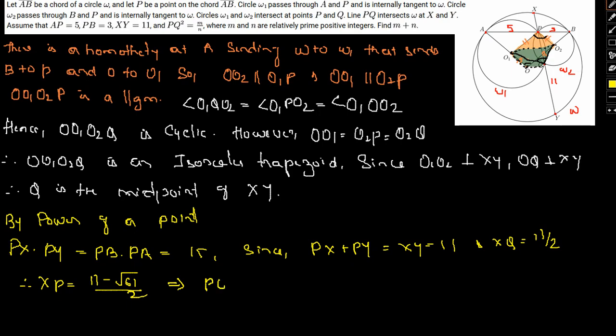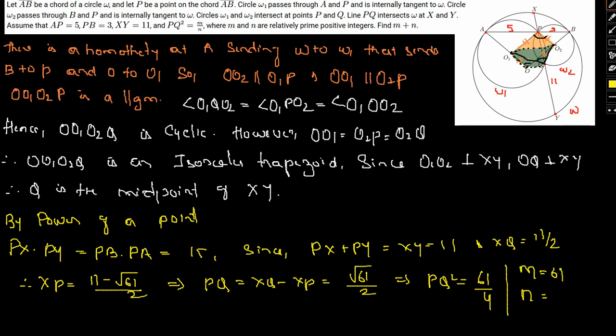Further, PQ can be determined by XQ minus XP, which gives us root 61 by 2. So PQ squared will be 61 by 4. Write it properly: 61 by 4, where M is 61 and N is 4, therefore M plus N would be 65, which is our answer.